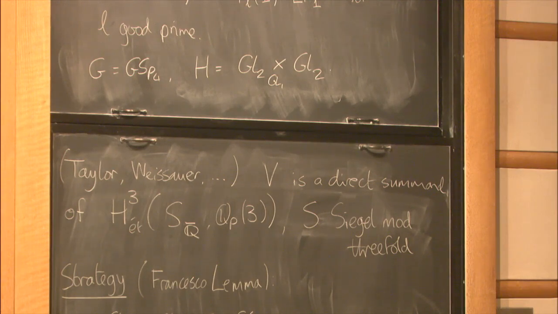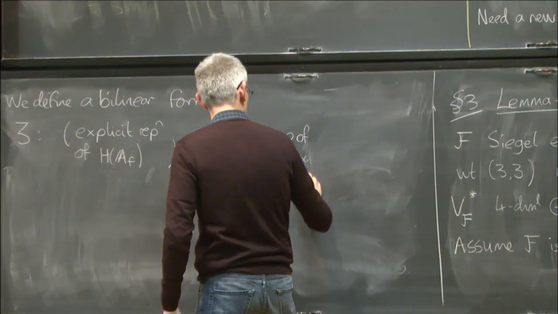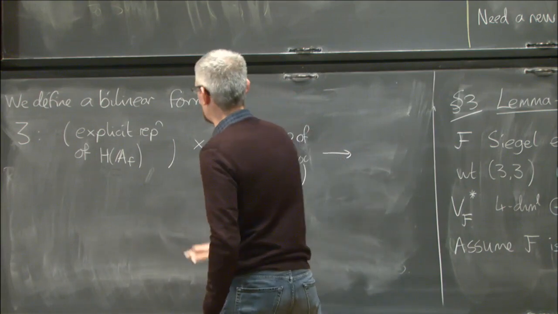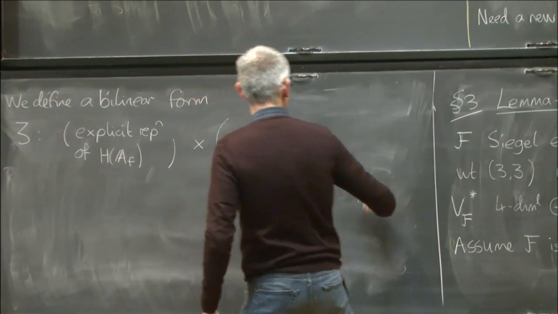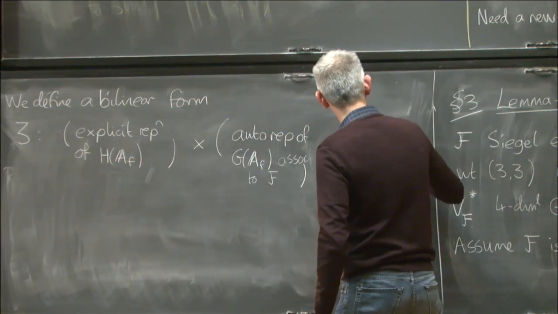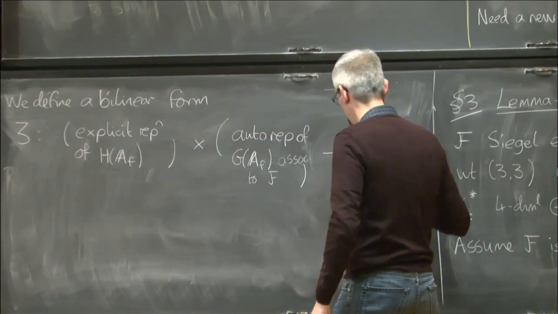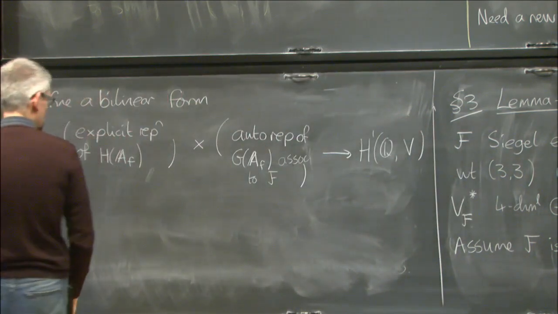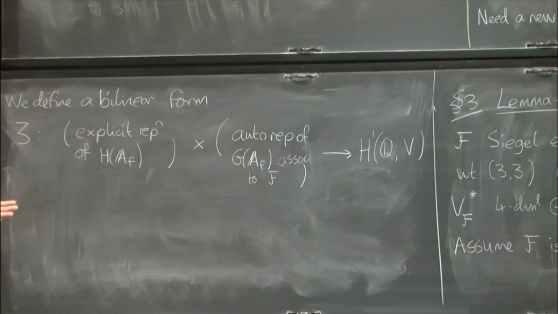So here I have some explicit representation of H, which is the one generated by the translates of the Siegel units. And here I have the automorphic representation coming from F. And there's a bilinear pairing between this and this going into H1 of Q comma V. So there's nothing particularly mysterious about this.